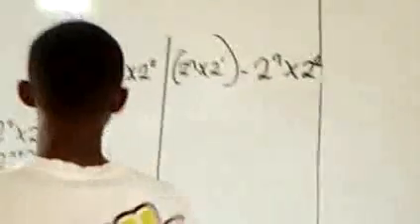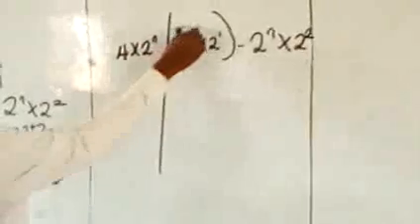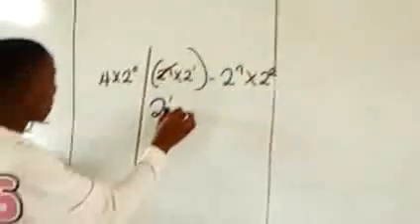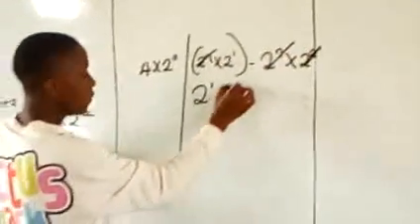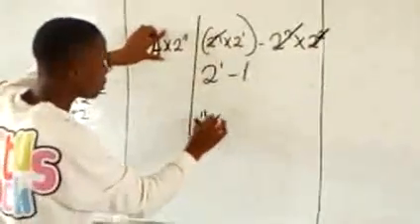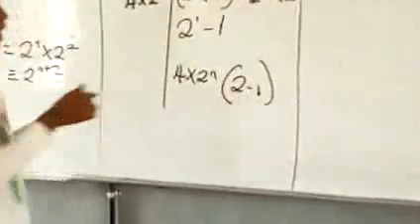Now, 2 raised to the power n will cancel out 2 raised to the power n, leaving us with 2 raised to the power 1 minus 2 raised to the power n, which will cancel out 2 raised to the power n, and 4 will cancel out 4, leaving 1. So therefore, this one, 4 times 2 raised to the power n in the outside bracket, 2 minus 1 inside the bracket. That's how to factorize.